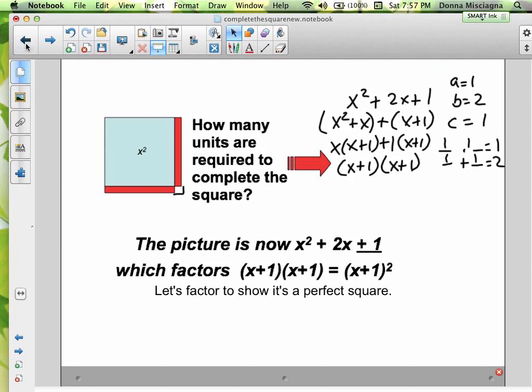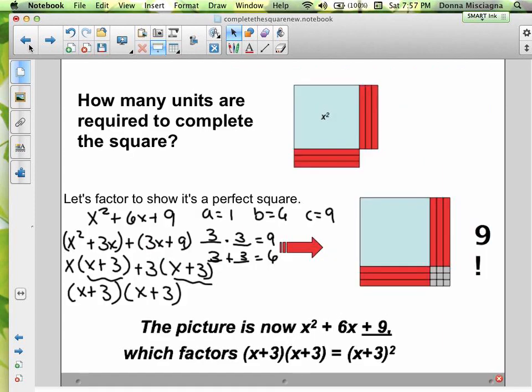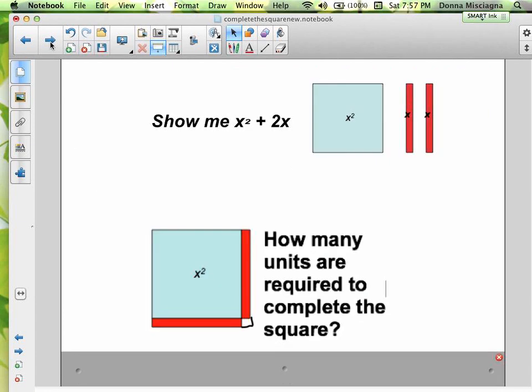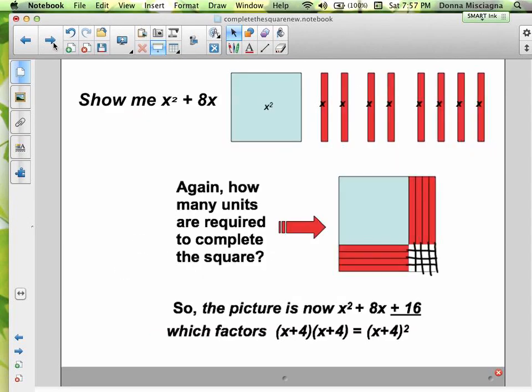And then, where was it? There we go. Just one more page back. x squared plus 6x plus 9 factors to x plus 3 times x plus 3, or x plus 3 squared. You see there's a pattern there. We're going to use that pattern. Even if you don't recognize the pattern right now, I will tell you the pattern once we learn our steps.